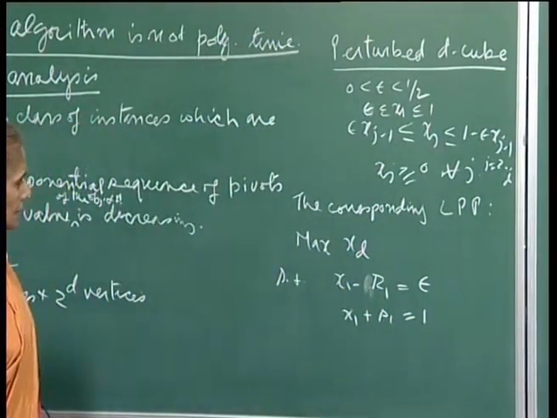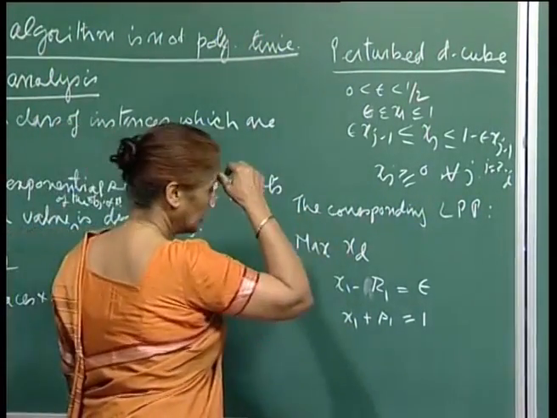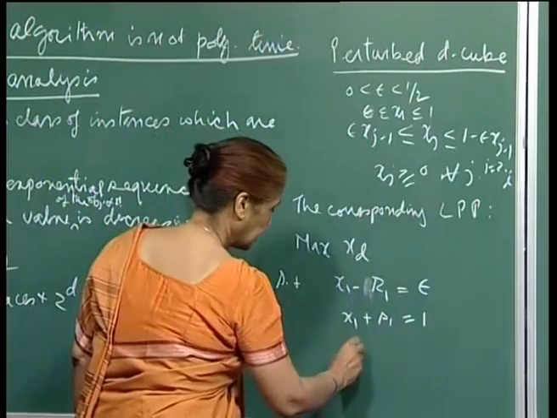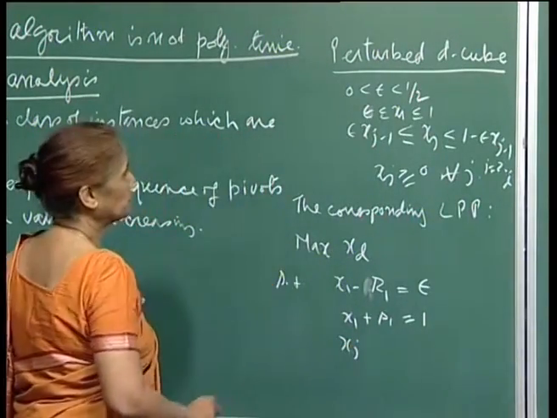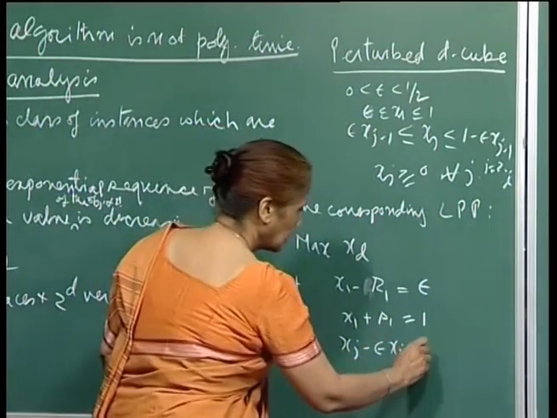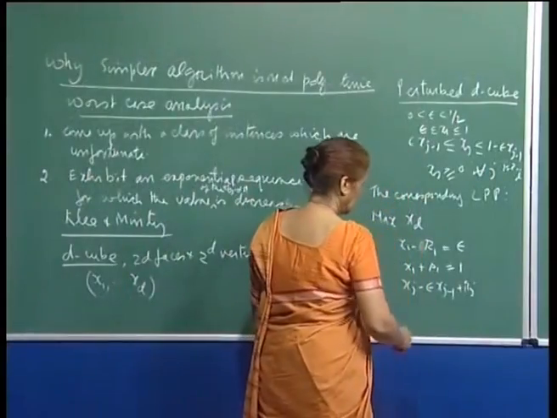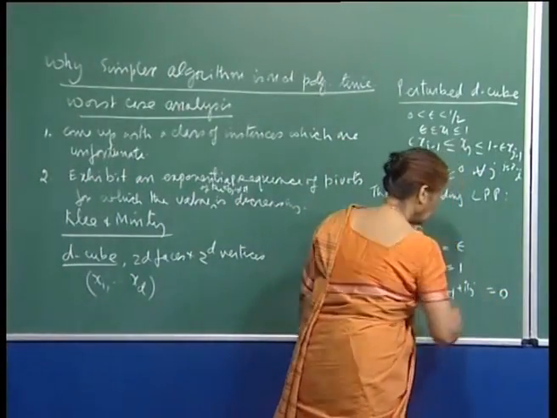This is the set of constraints corresponding to x_1, and then similarly for the others we will say that x_j minus epsilon x_{j-1} minus r_j is equal to 0.